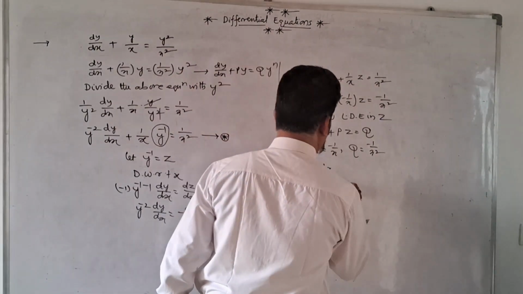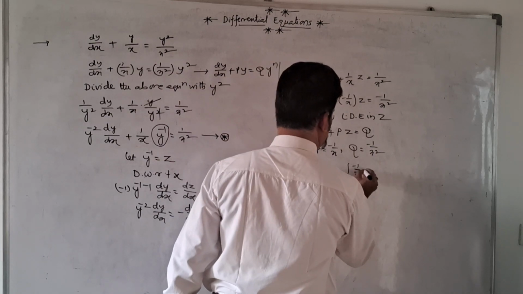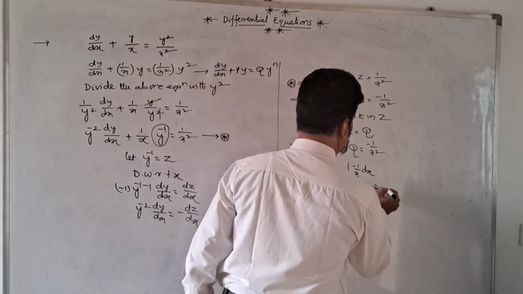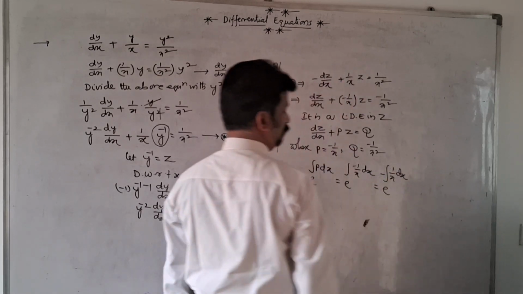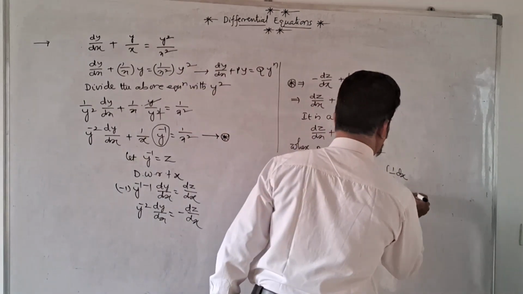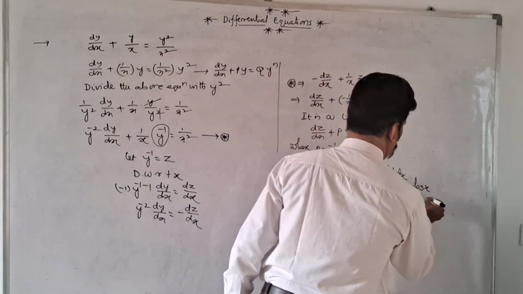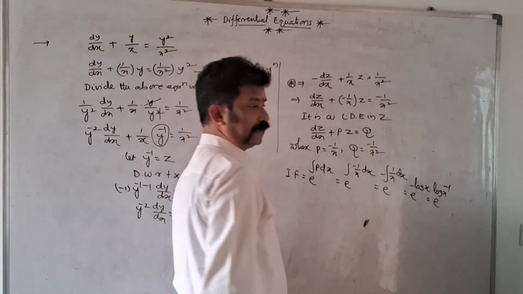This is e to the power minus ∫1/x dx, so this is e^(-log x), which is e^((log x)^(-1)).